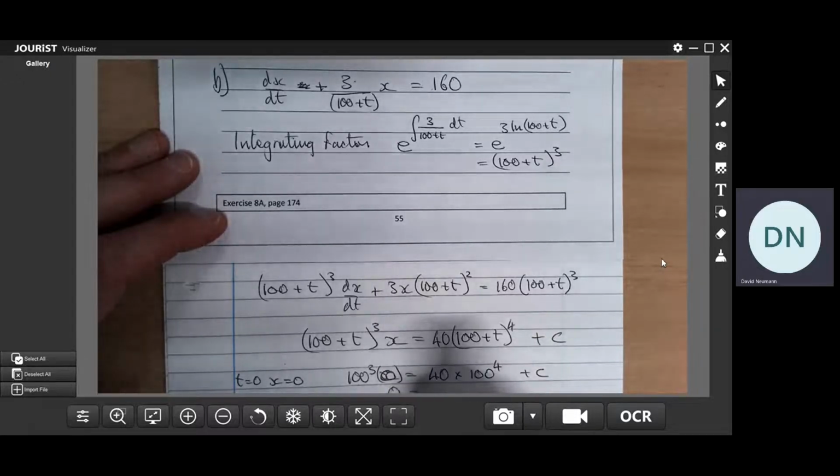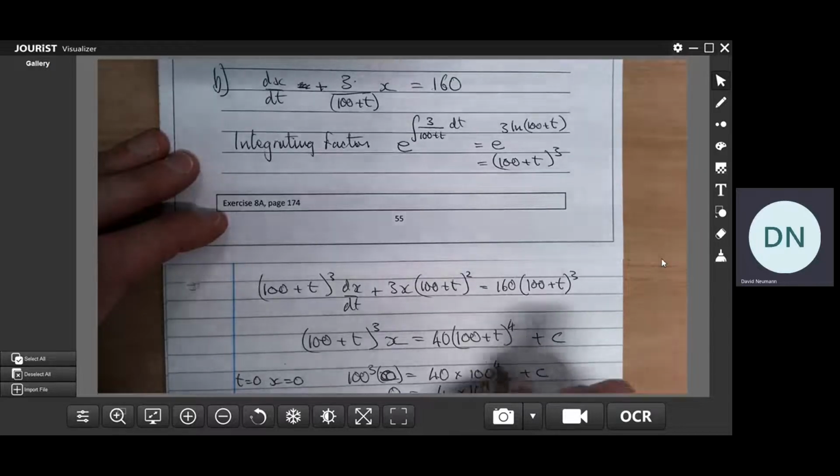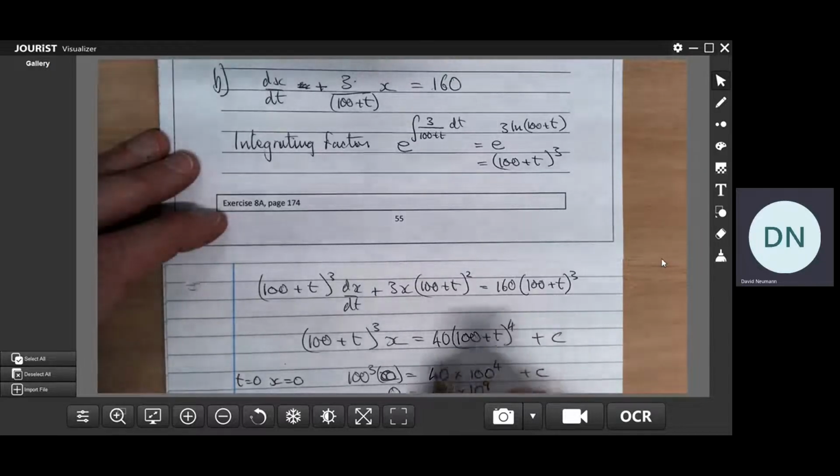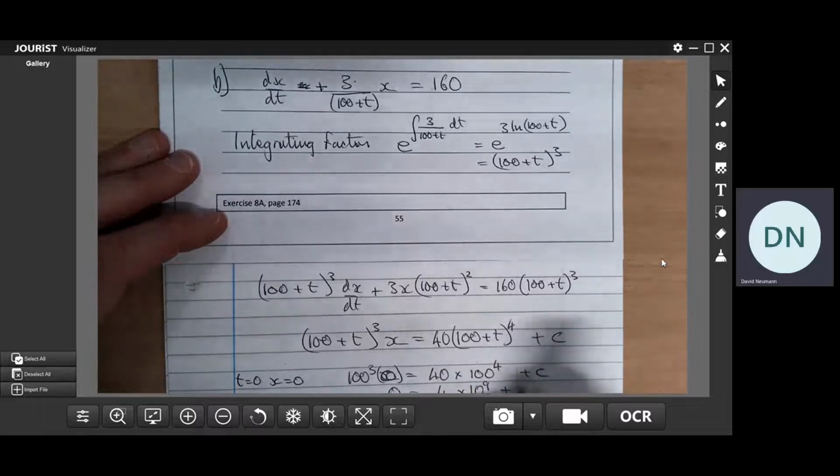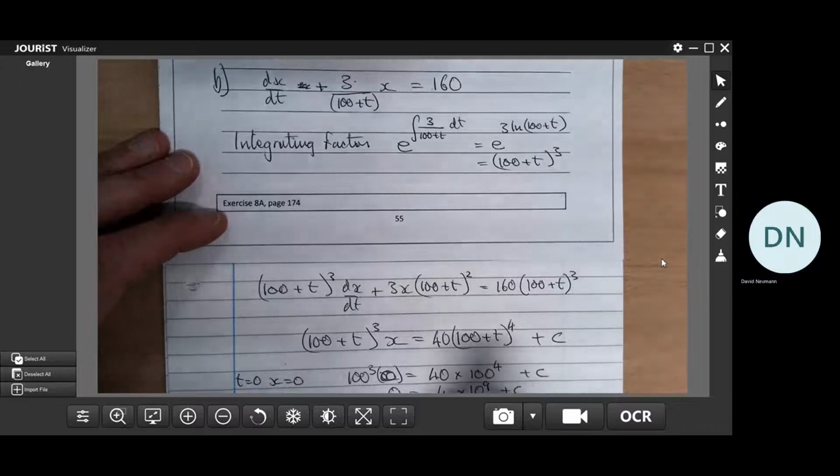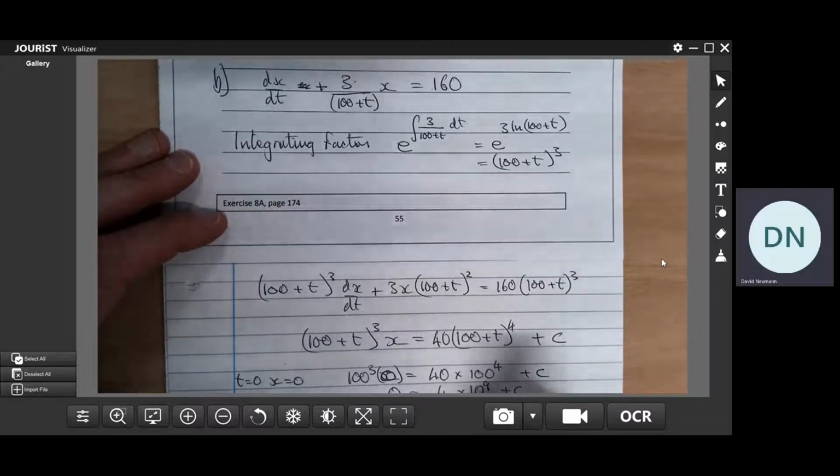So 0 is equal to 4 times 10 to the power of 9, plus c. So c is equal to minus 4 times 10 to the power of 9.